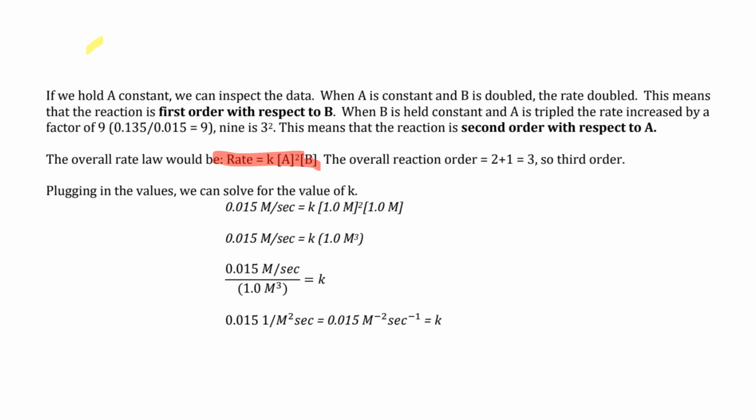Now we plug in our values to solve for K. We plug in our concentration of A and our concentration of B, and we square the A. Then we solve algebraically to get the value of K, and from there we get our unit. So in reality, our value for K is 0.015, and my unit is 1 over molar squared times seconds.